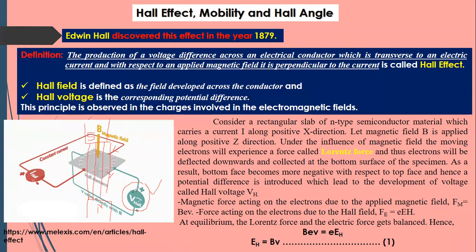And whenever the slab is placed in a uniform magnetic field of induction B, acting perpendicular to both the conductor and the current, as mentioned in the figure, such an experimental arrangement and demonstration was done by the scientist Edwin Hall in the year 1879.